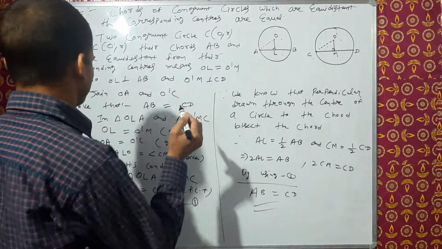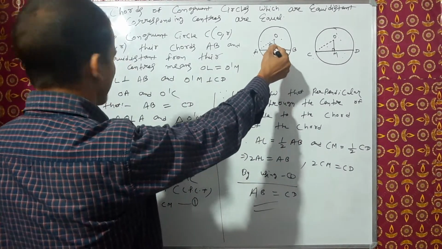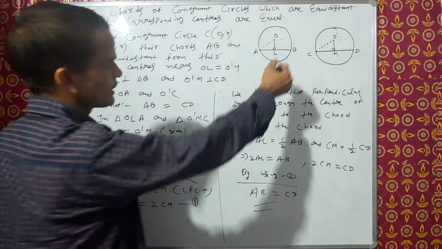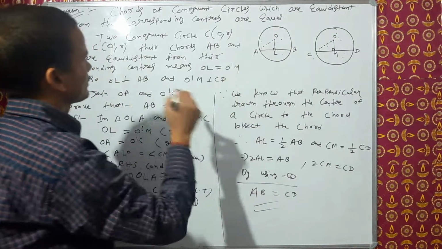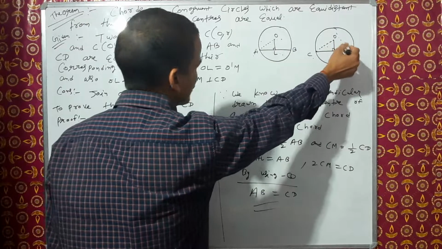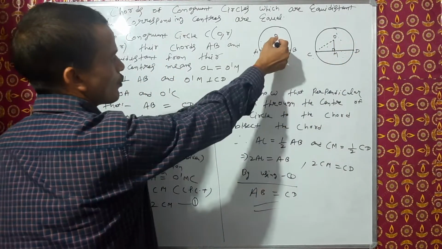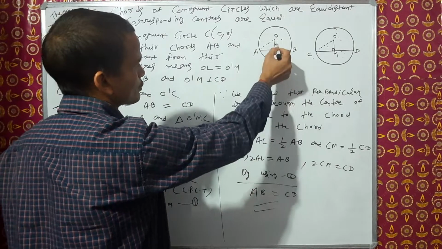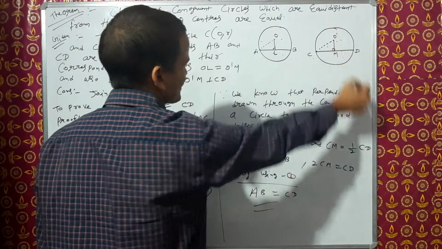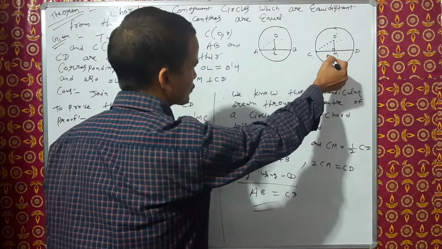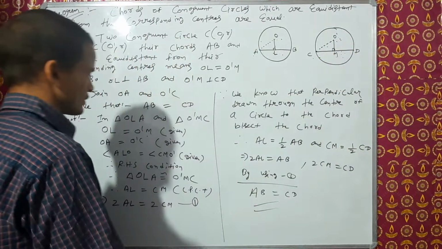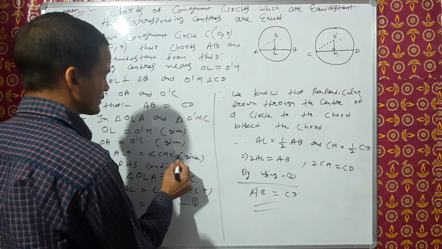Also it is given that the chords are equidistant from their corresponding centers, so OL is equal to O dash M. OL is perpendicular to AB, so angle ALO is equal to 90 degrees, and O dash M is perpendicular to the chord CD, so angle CMO dash is equal to 90 degrees.